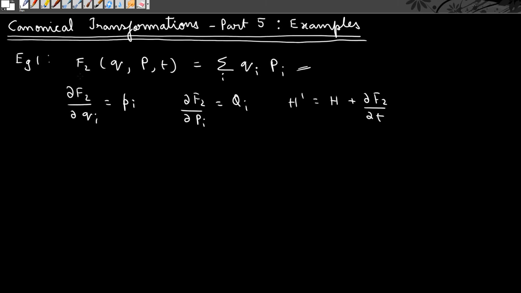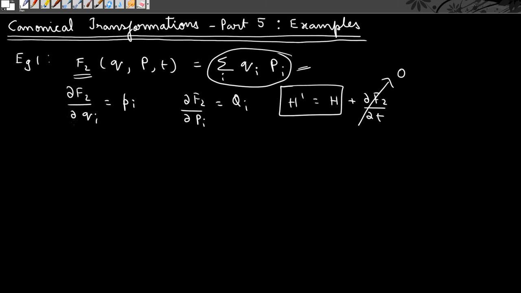Now in this case our F2 is not explicitly dependent on time, so this goes to 0, therefore we have H' equal to H. Also, with this functional form, this becomes P_i equal to p_i, and here we get Q_i equal to q_i.